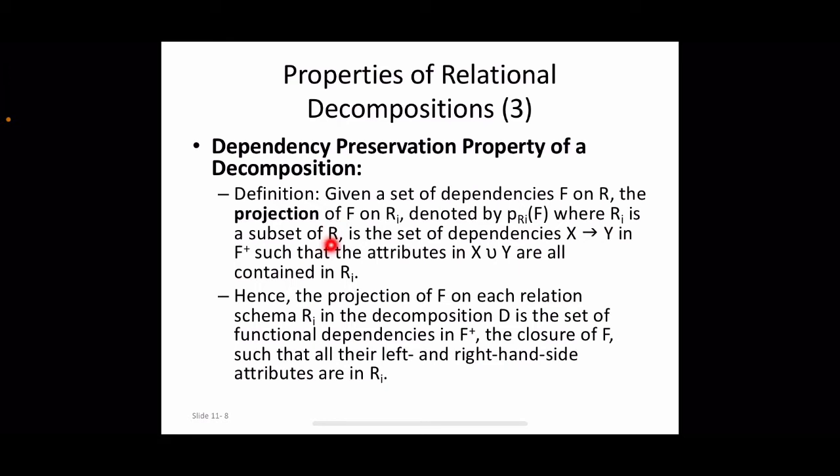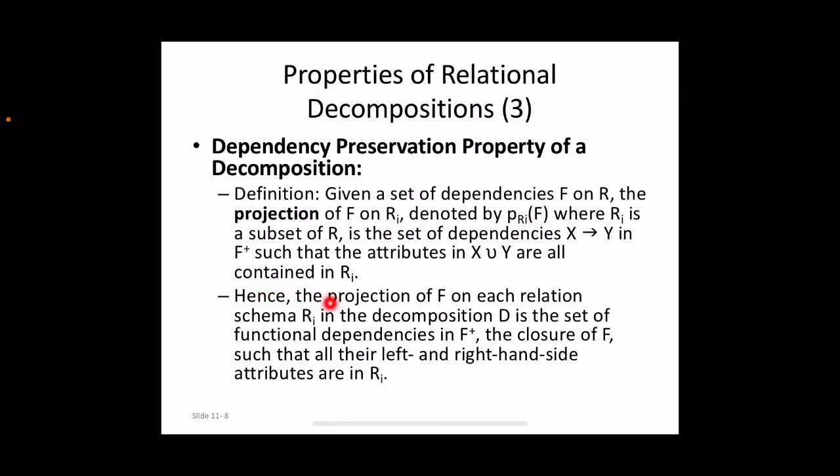From that we are taking a subset as Ri, and that projection is a set of dependencies of the form X determines Y in F closure, such that the attributes in X union Y are all contained in Ri. Both the left-hand side attributes and right-hand side attributes should be present in Ri. Such a dependency set is called the projection of F on Ri.